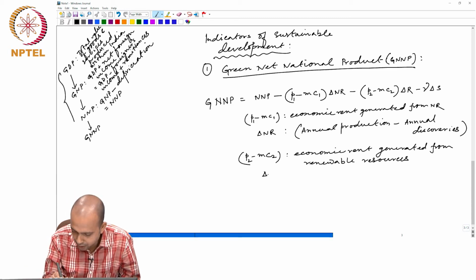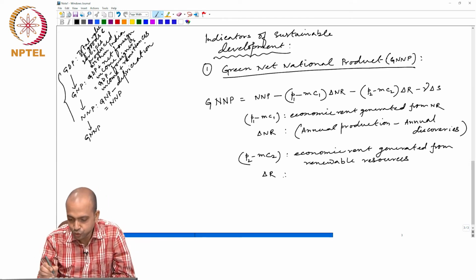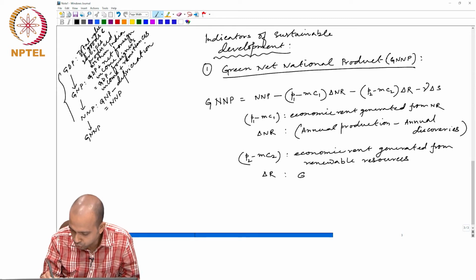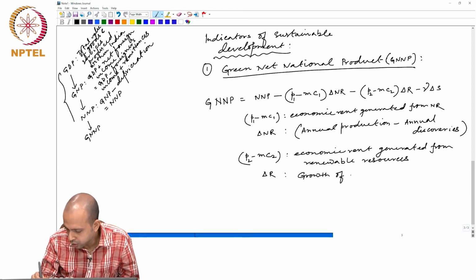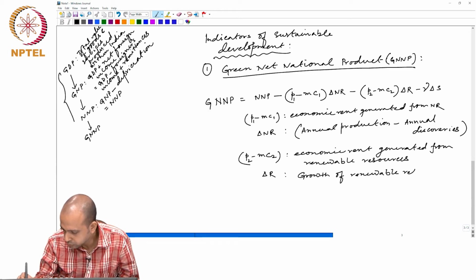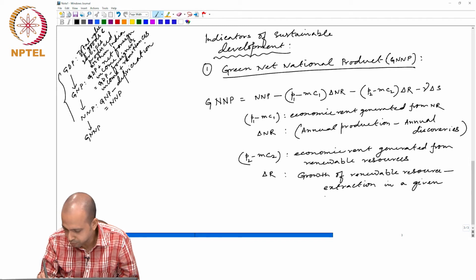And delta R is again the change in stock of renewable resources. And how do you do that? It is actually growth of renewable resource minus extraction in a given time period.